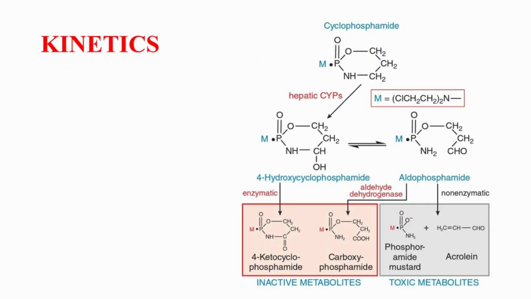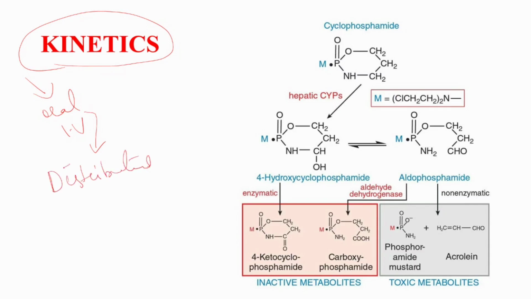If we see the pharmacokinetics of cyclophosphamide, when it is given through either the oral route or the IV route, it is absorbed rapidly from the site of ingestion or administration. It is distributed to all parts of the body and it enters the liver. And in the liver, it undergoes activation and metabolism.